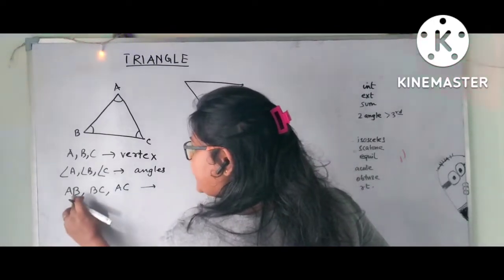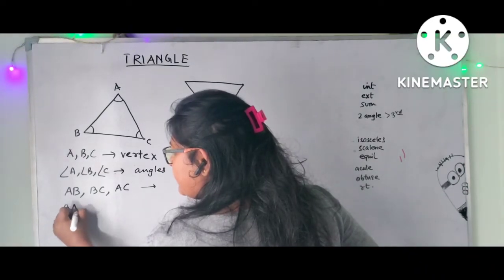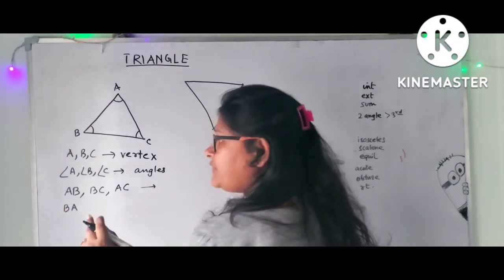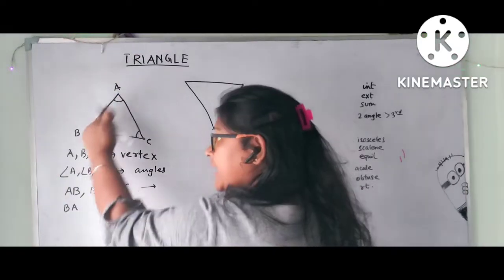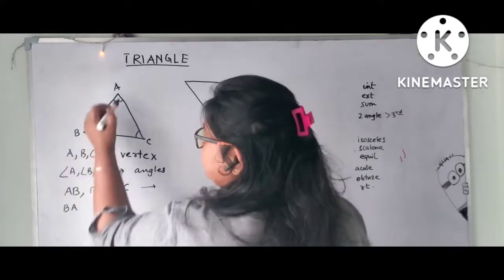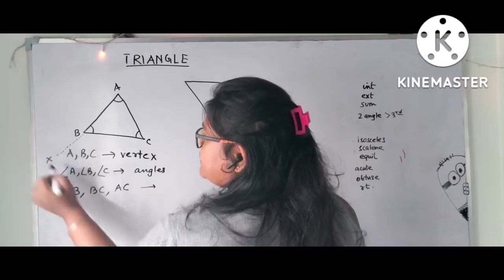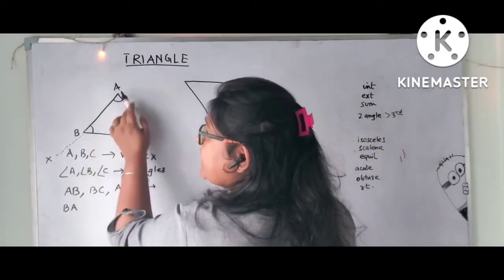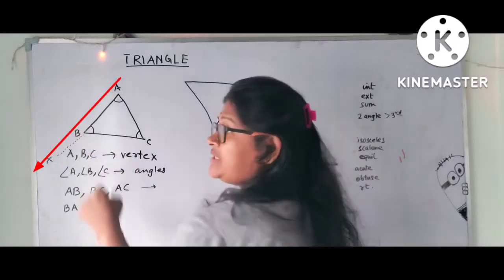Now, AB can also be written as BA. I am talking about the line. If I talk about direction, then AB and BA are not the same. But suppose I tell you that AB is extending towards X, then I will not say that BA is extending towards X. I will say AB extends towards a point X.